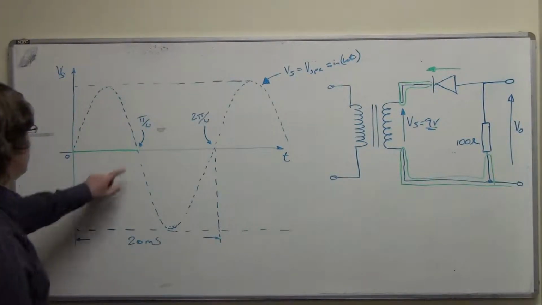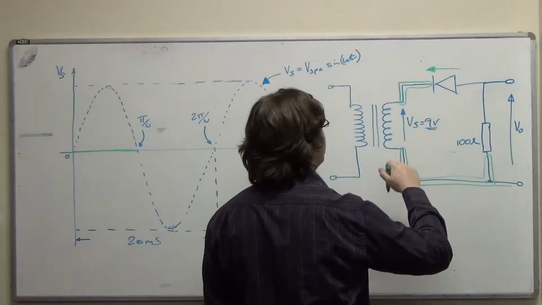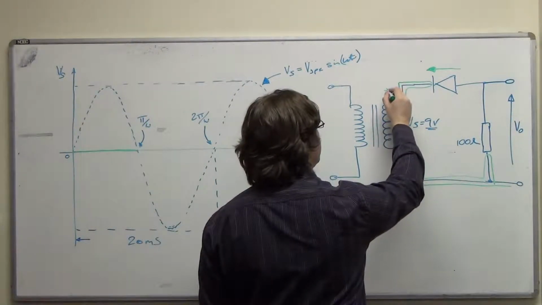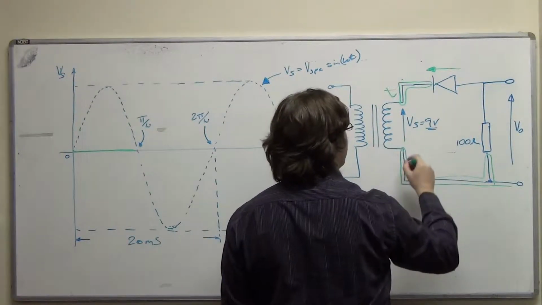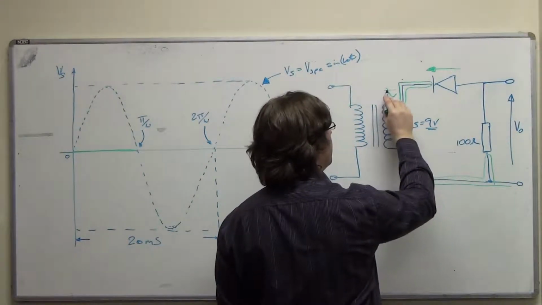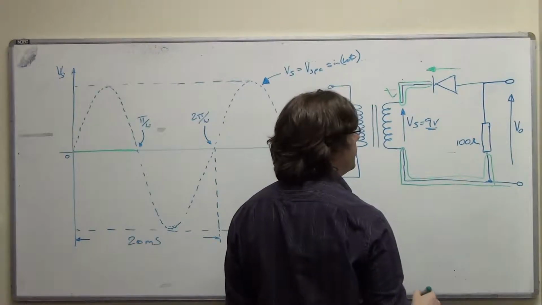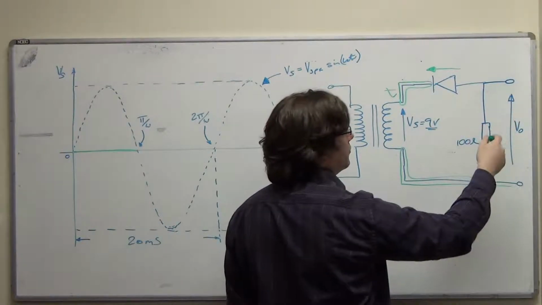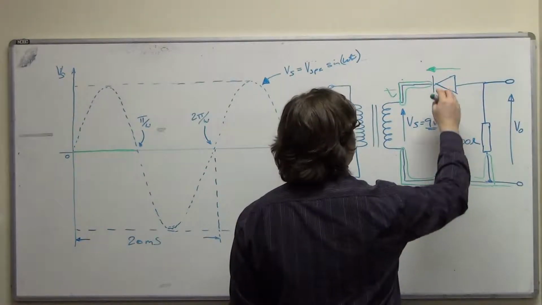But then when we get to this point, there is no voltage across the diode, but this voltage will be in the falling part, so it will be falling below 0. When it does so, this end will be more negative than all of this stuff, and since there's still no current flowing at this point, because we're on the 0 point, the output node will still be at the same voltage as the reference, because there won't be any current flowing through R. Apply Ohm's law: I times R is 0 times R, it doesn't matter what R is, still nothing.